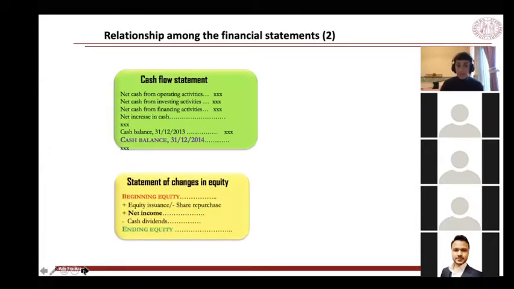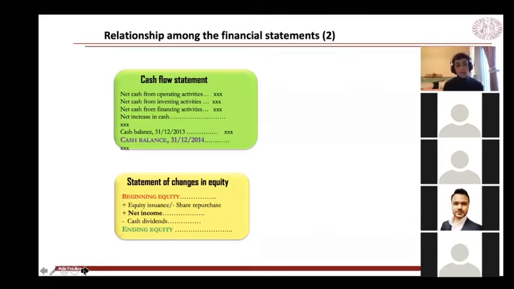The cash flow statement is divided into 3 blocks to highlight the net cash that arises from operating, investing or financing activities.